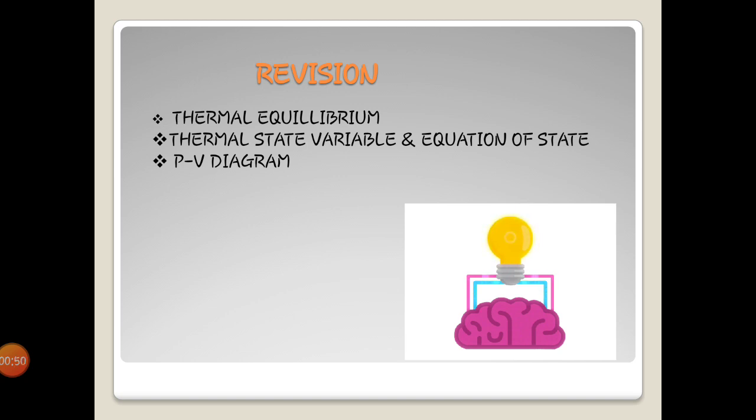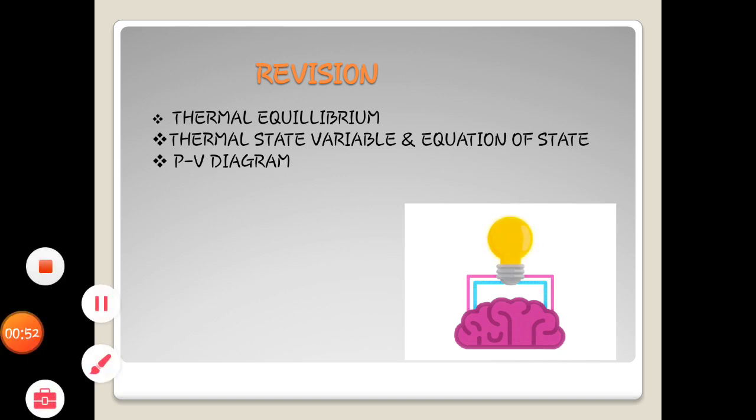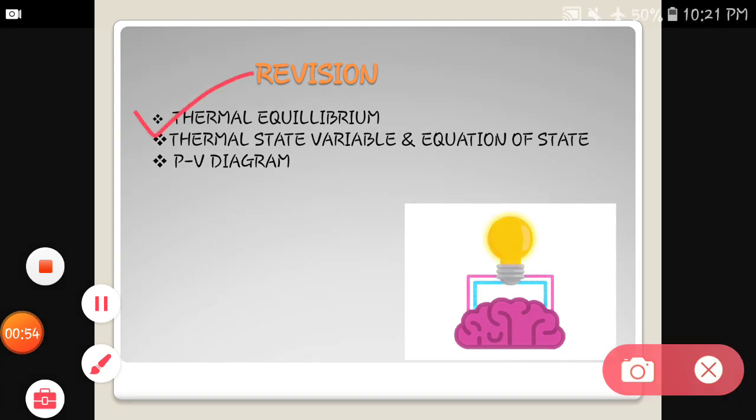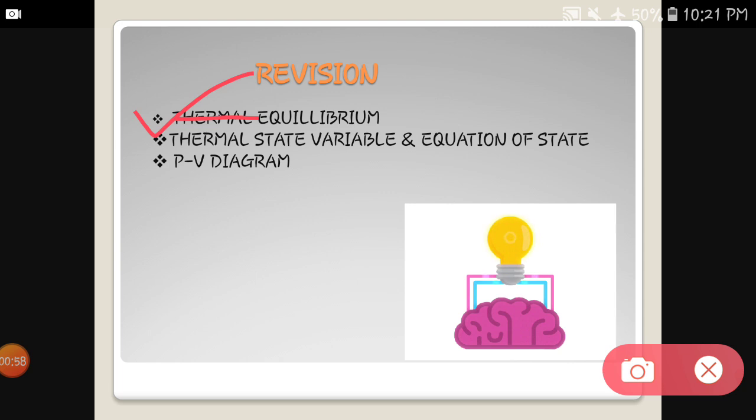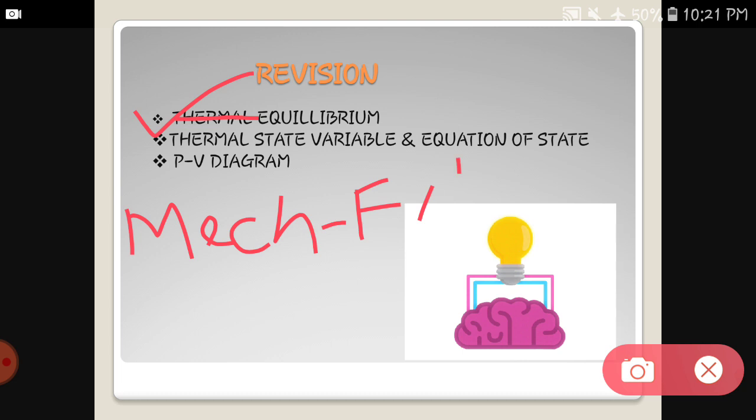The first point we covered in the previous lecture was thermodynamic equilibrium. There are 3 types of equilibrium. First is mechanical equilibrium, in which force is 0 and pressure is the same.